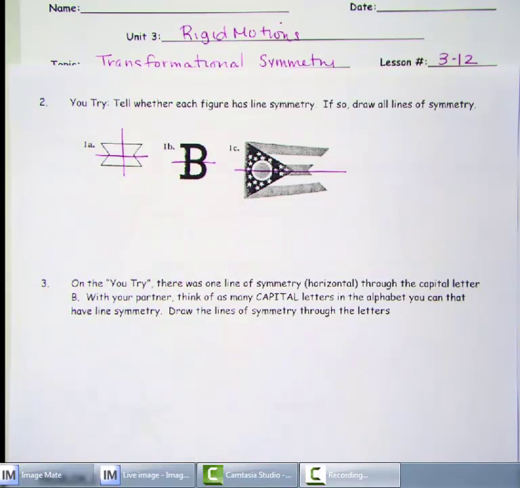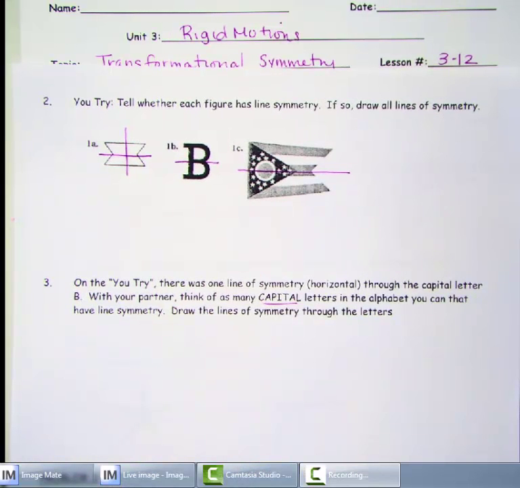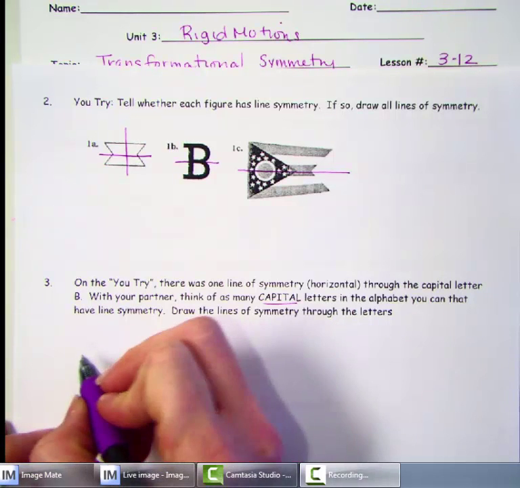What I'd like you to do is pause this video again, and with your partner, think of as many capital letters in the alphabet that you can that have line symmetry. Please draw the lines of symmetry through the letters. Please pause the video now and work with your partner. Okay, lines of symmetry that you and your partner should have gotten.